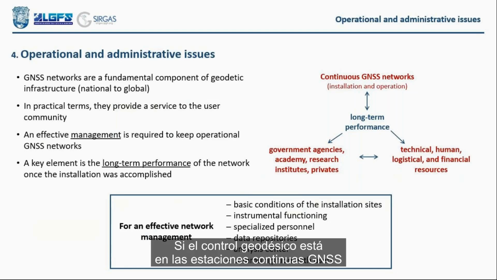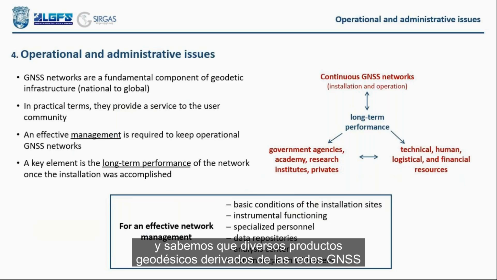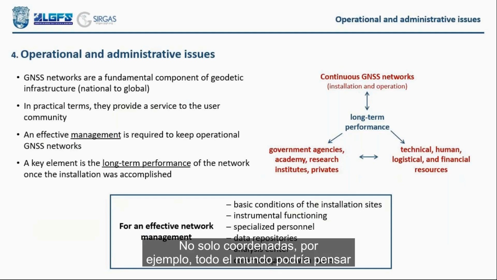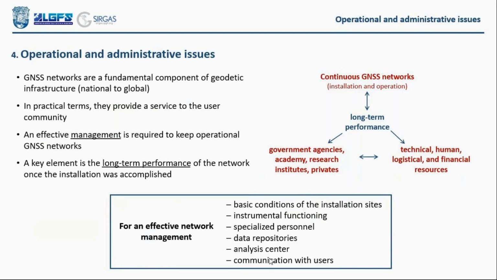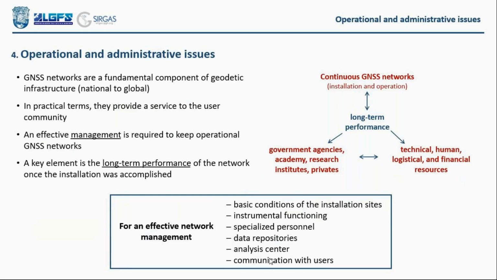If the geodetic control is based on continuously operating stations, we know that various geodetic products derived from the GNSS network are useful for all society, not only coordinates. For example, everyone might think of a delivery service. So there is a coordinate, and this coordinate is basically referred to ITRF.